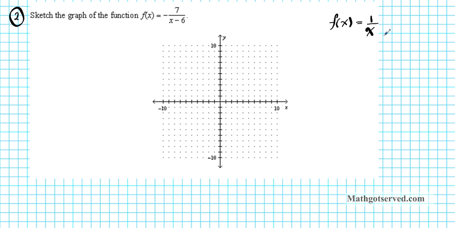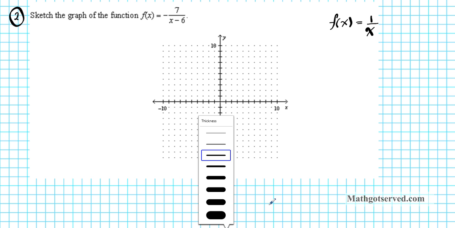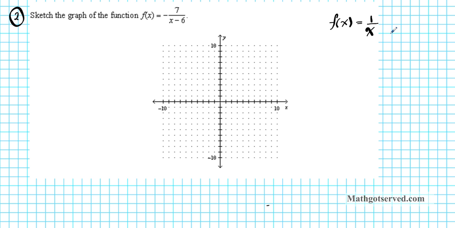There are some interesting things that we can determine from this function. First of all, we can clearly see that the vertical asymptote is going to be 0, so let me create my coordinate system here. There goes my x-axis and my y-axis.